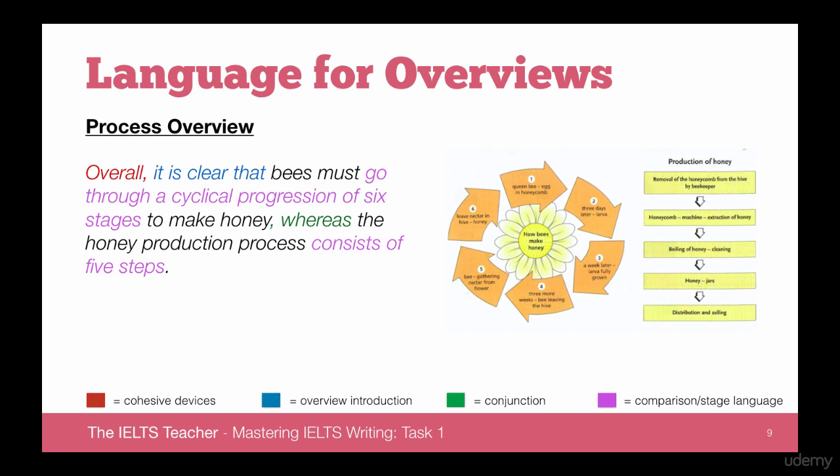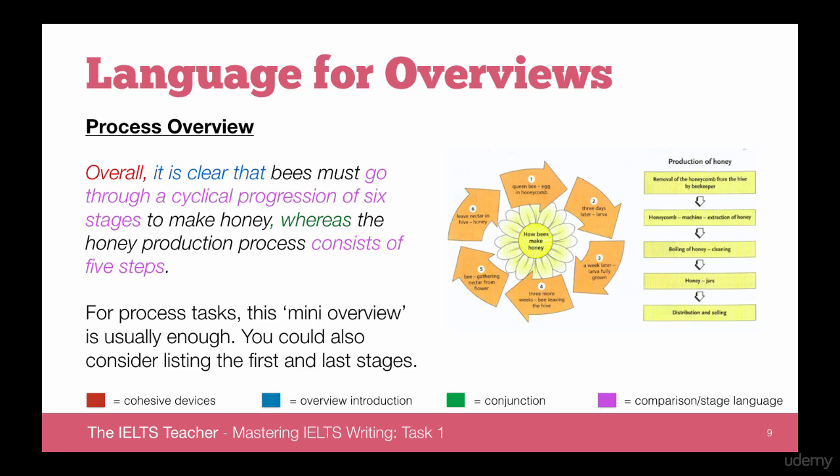Here we're looking at stage language. We are making a comparison though. We're comparing 6 stages with 5 stages. Another option is to consider listing the first and last stages of each of the processes.